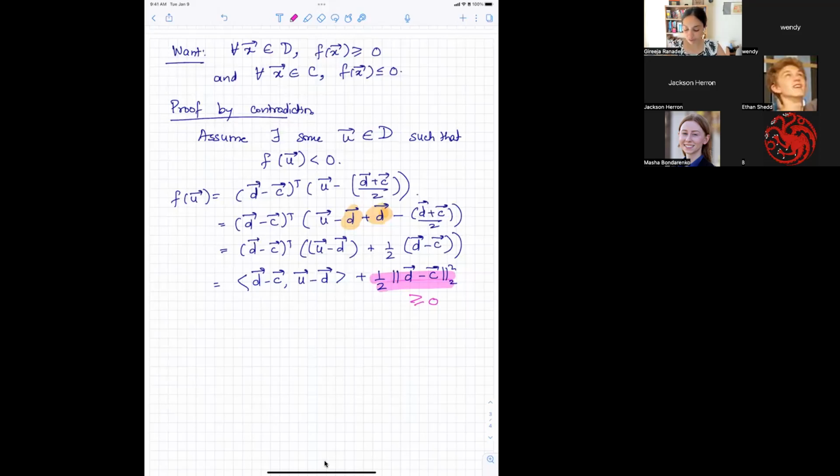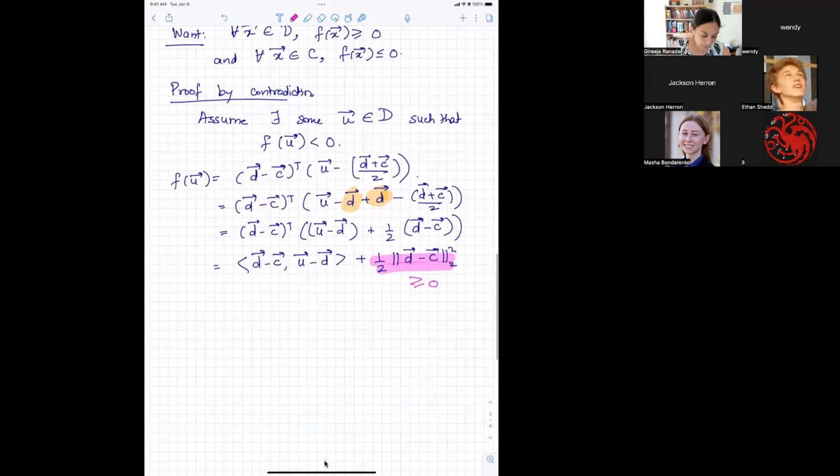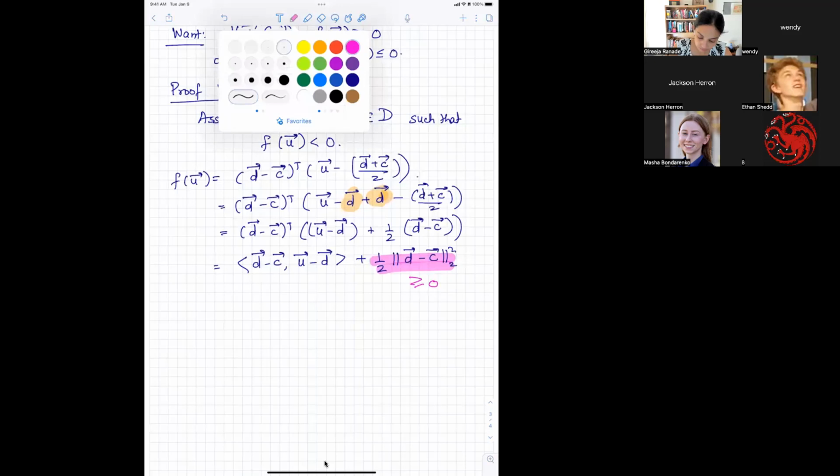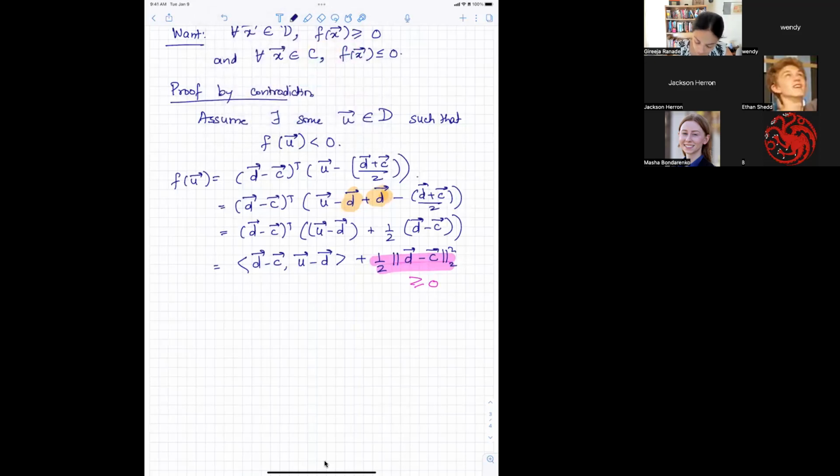And so given that this term is always greater than or equal to 0, what that means is that if I want f of u to be strictly less than 0, and f of u is some term plus something that's greater than or equal to 0, this first term has to do the job of pulling that quantity below 0, right?